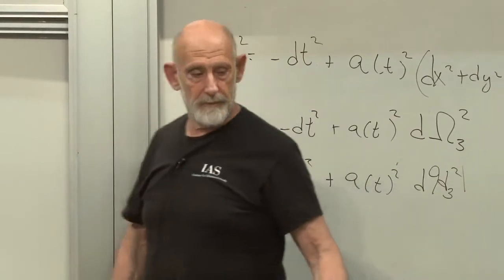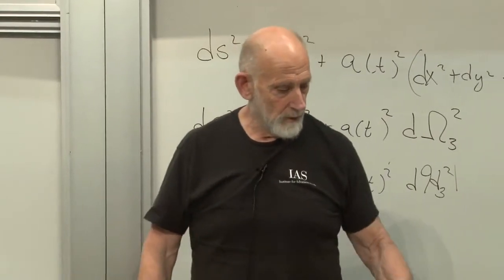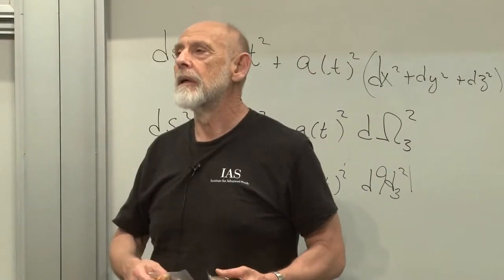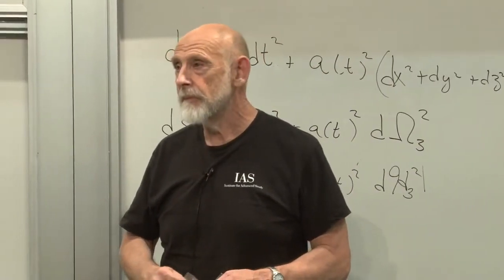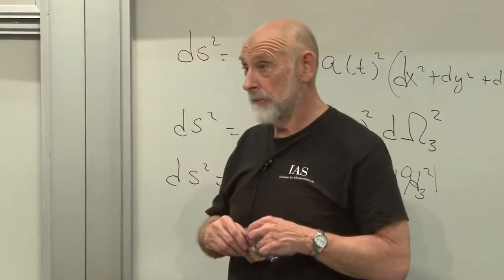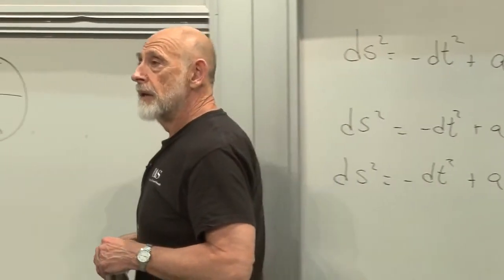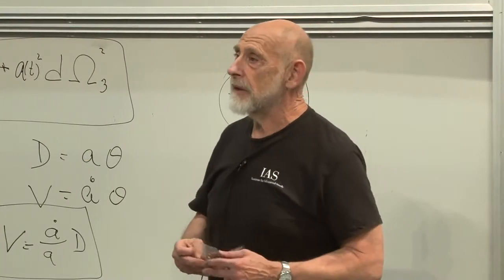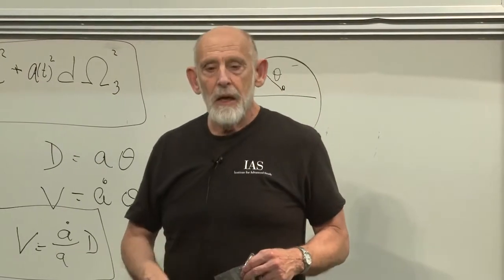Could the metric be more complicated? In other words, could ds squared be more complicated, in the sense that you have flat space, but you have time and space? Absolutely. You can certainly have more complicated cosmologies.